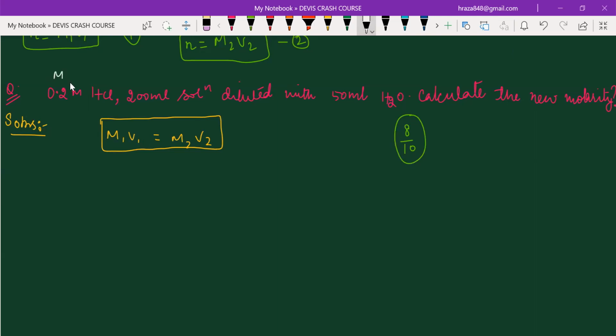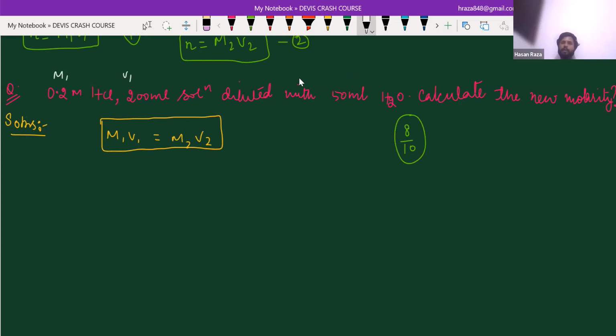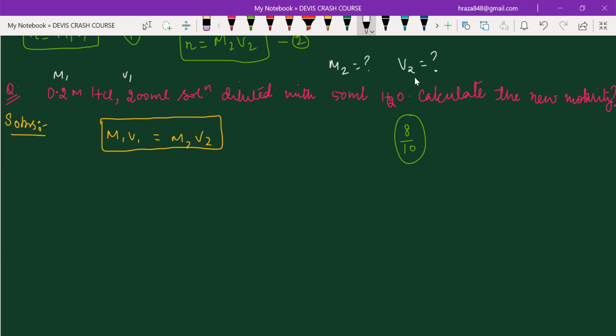This is M1, this is V1. Can you tell me what we need to calculate M2? Can you tell me the value of V2?